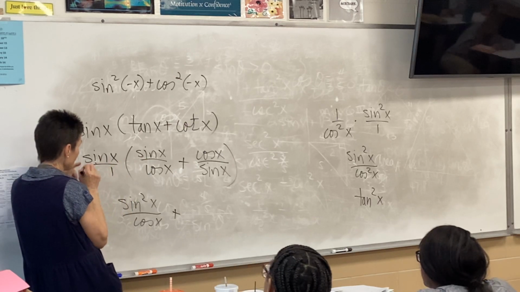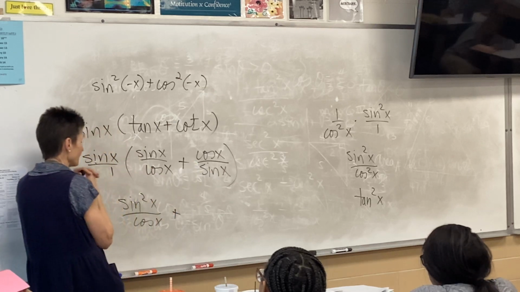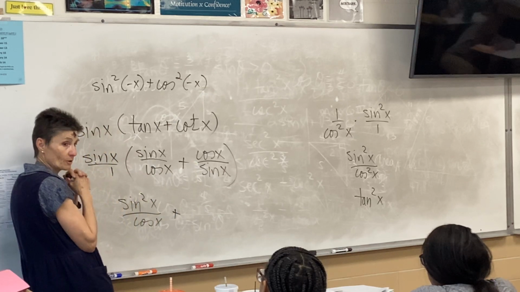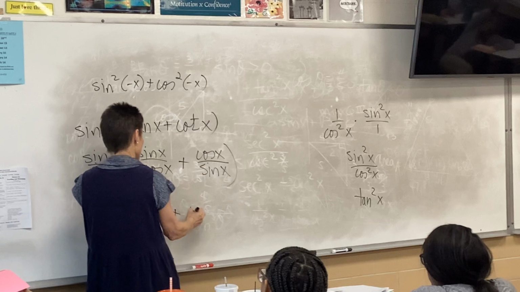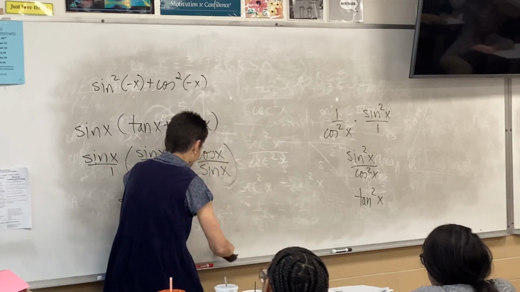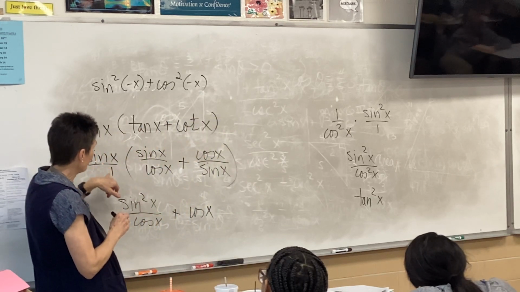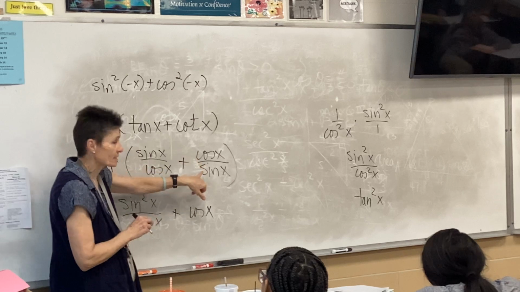Now wait, what happens when I multiply the other terms? This times this, what's going to happen? The sines are going to cancel and leave me with just cosine, because I'm taking sine over 1 times cosine over sine.